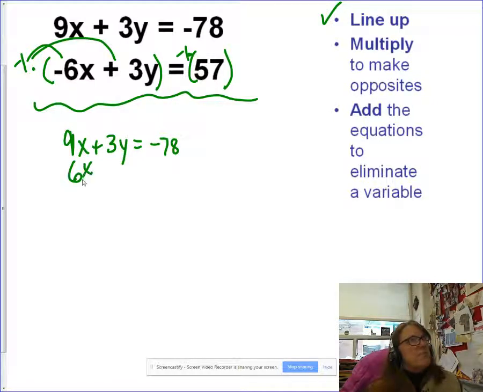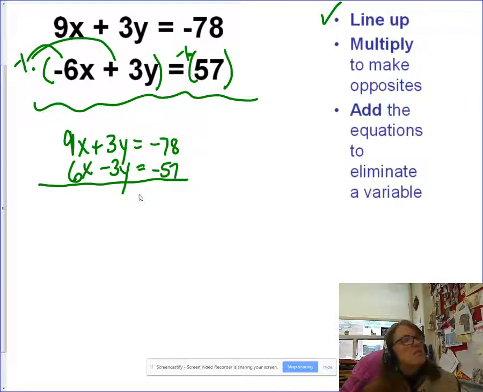Distribute. +6x. Good, because I can't stand negatives. -3y. And then on this side, I get -57. All right. Now that I've manipulated or kind of changed the look of that second equation, let's add this equation to this one.